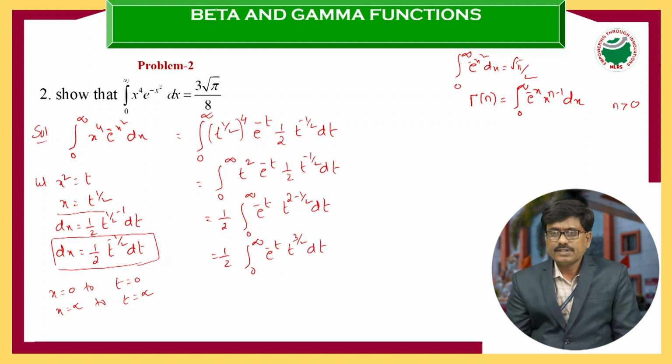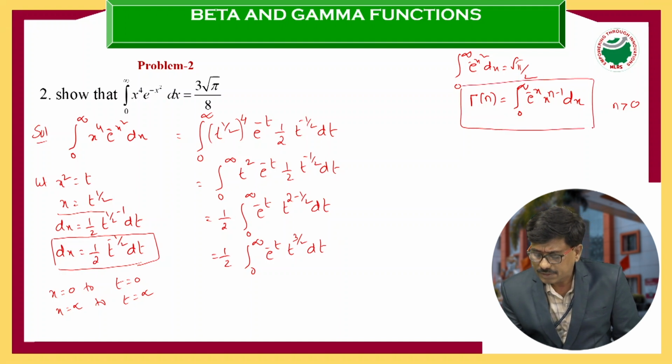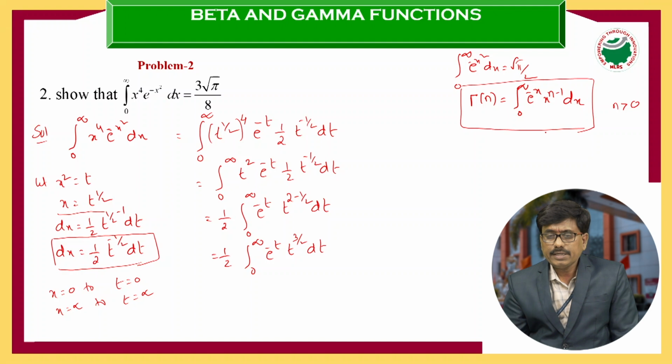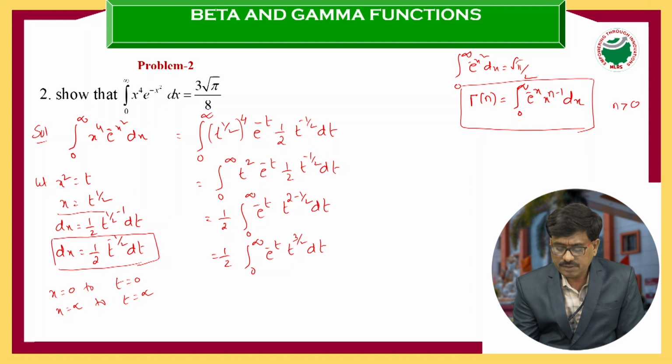See the definition of the gamma function. What is the definition of the gamma function? Gamma n equal to integral 0 to infinity e power minus x, x power n minus 1 into dx. Therefore, I am going to compare, with e power minus x here in terms of t.